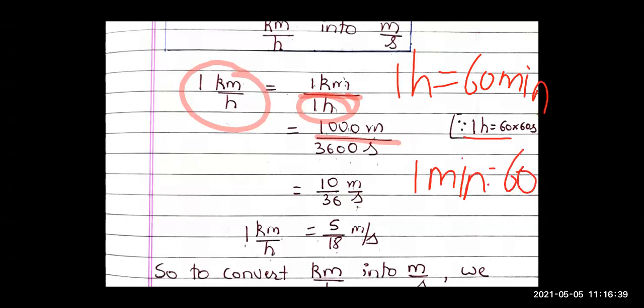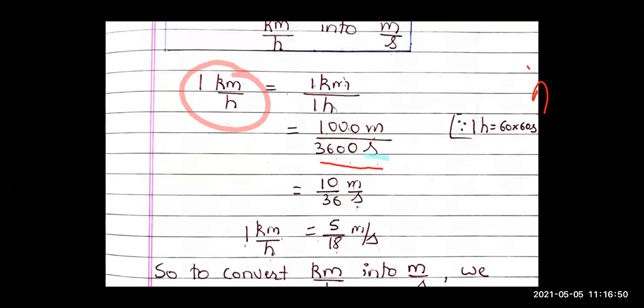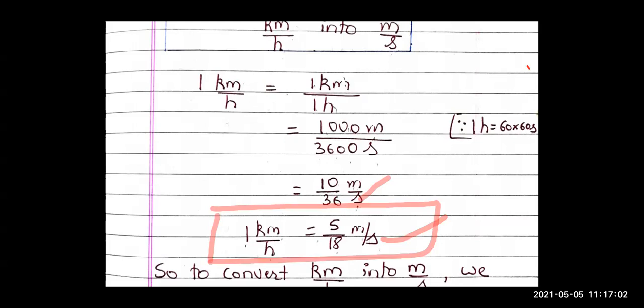So beta, 1 hour has 60 into 60, that is 3600 seconds. Now if you divide 1000 by 36, two zeros will get cancelled and you will have 10 by 36. Divided by 2, you will have 5 by 18. So 1 kilometer per hour is 5 by 18 meter per second.